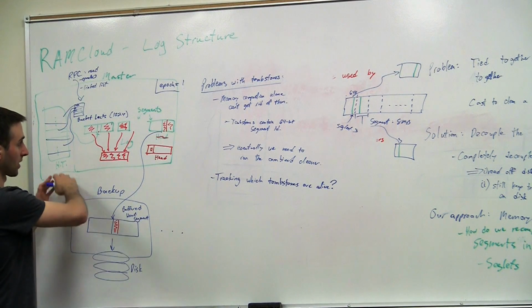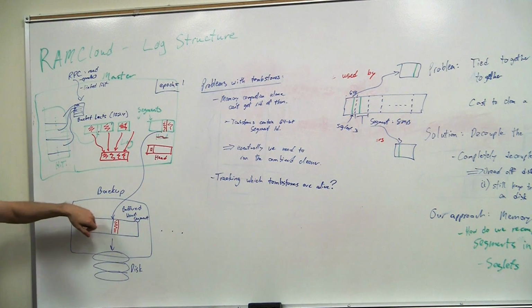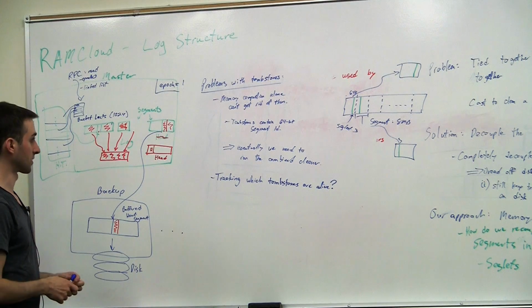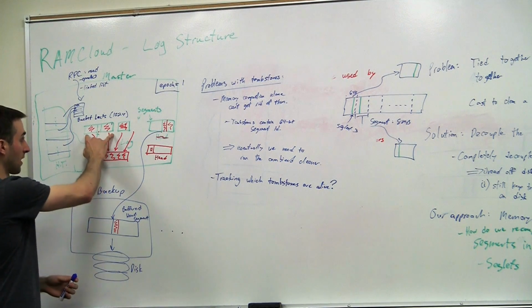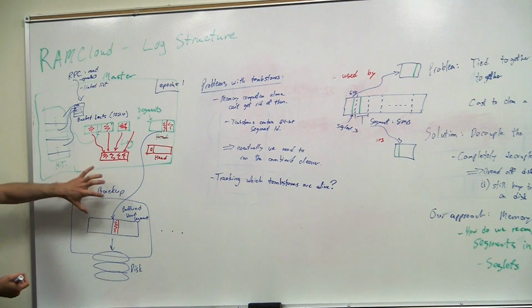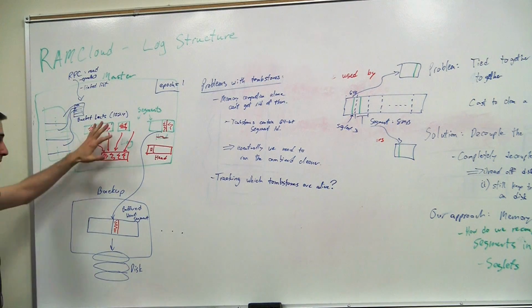But there could be tombstones spread out across memory, in any other segment, that happen to point to objects that used to be in that segment, deleted objects. To make intelligent cleaning decisions, you'd really like to know, for each segment, exactly how much of the information contained in it is alive and how much is dead. But with combined cleaning, it's hard to keep track of that information, because if you throw away a segment, it can affect little bits stored all over the system throughout memory.